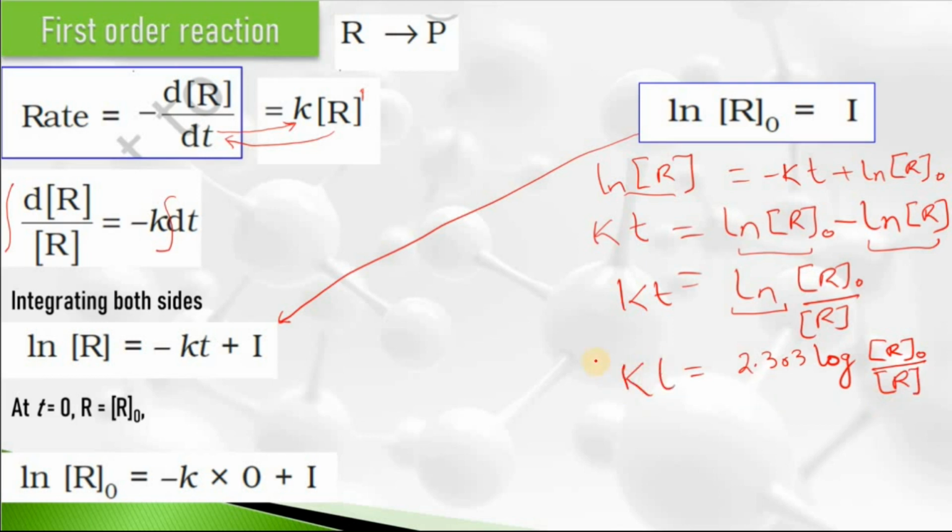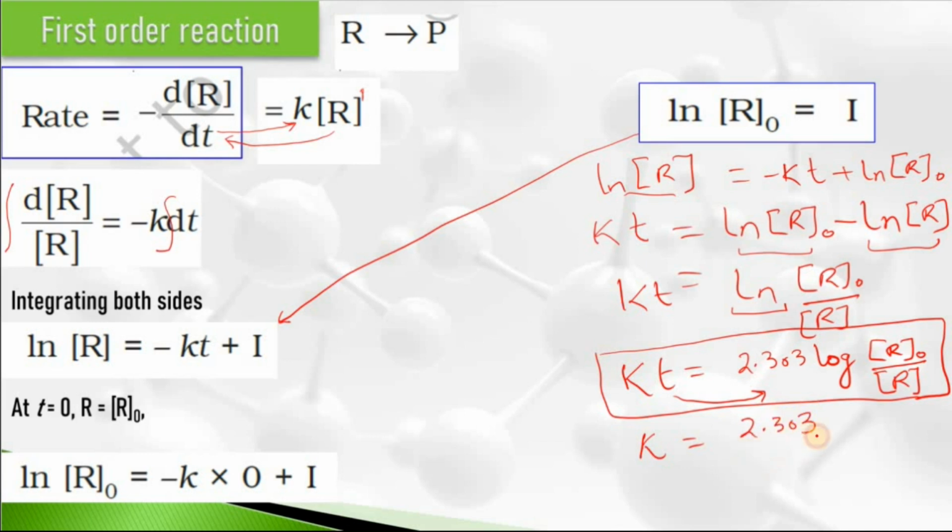So we get the equation kt is equal to 2.303 log R naught upon R. If you want to write it in terms of K, t will come from LHS to right hand side and we get a better equation. K is equal to 2.303 upon t log of concentration of reactant at time 0 upon concentration of reactant at time t. This equation is the integrated rate equation of first order reaction.